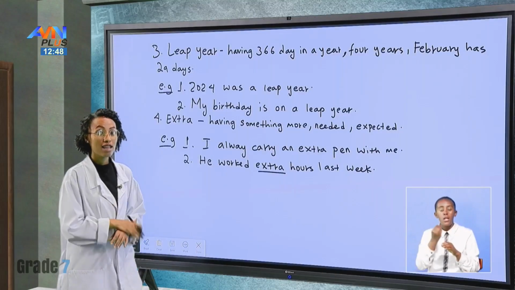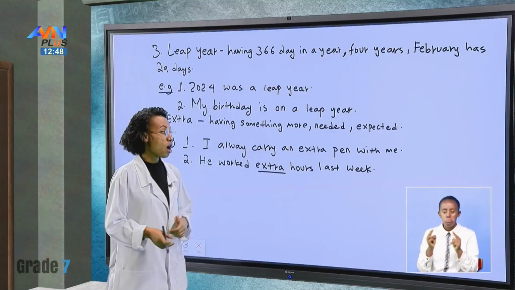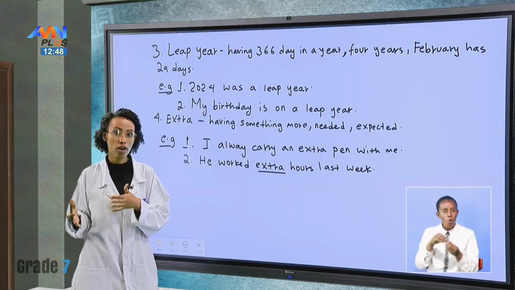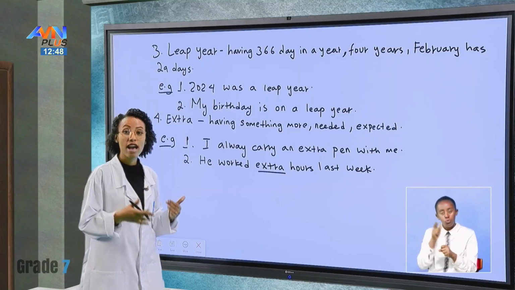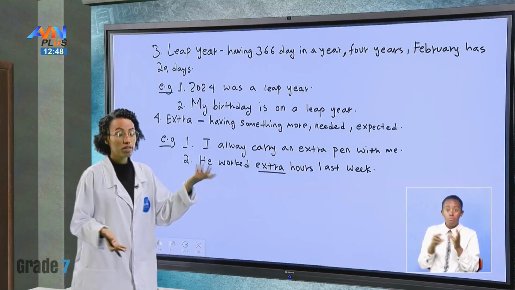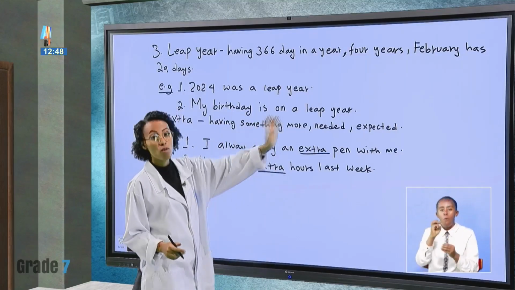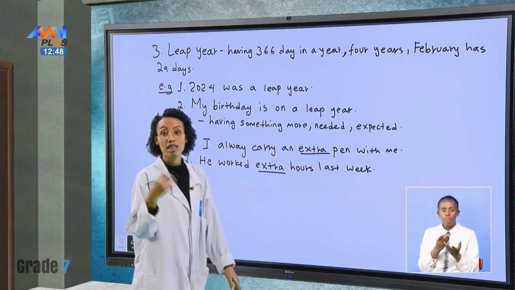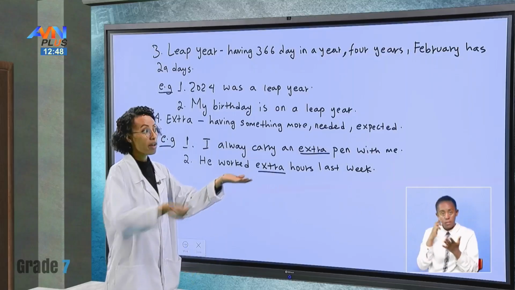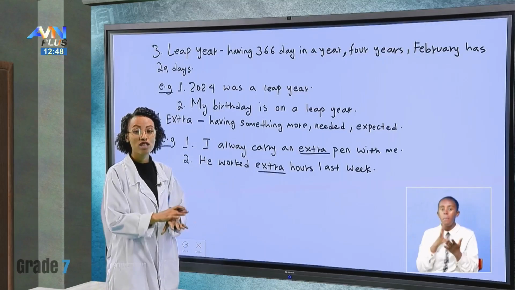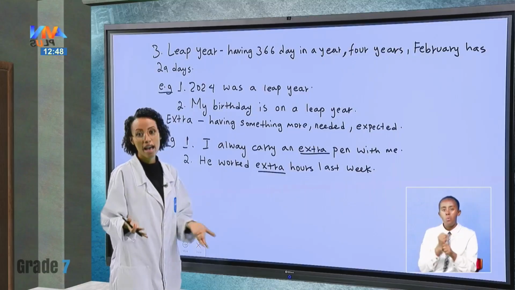This person has normal working hours. But if this person has more work to do and then he or she is adding extra hours, then we say that it's what? Extra. It is more than needed or more than expected. In this case, it is more than expected. Why? Because this person has normal working hours and they have added more.